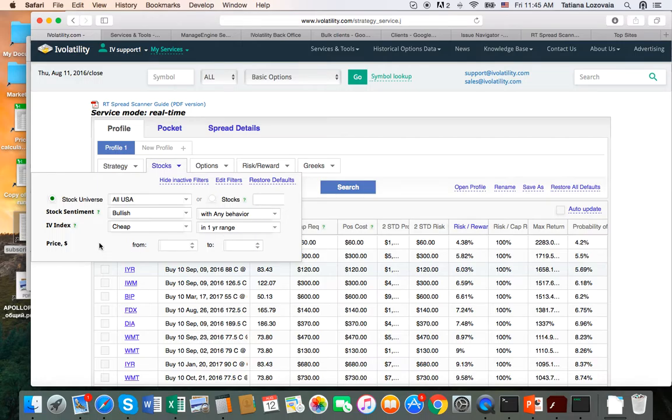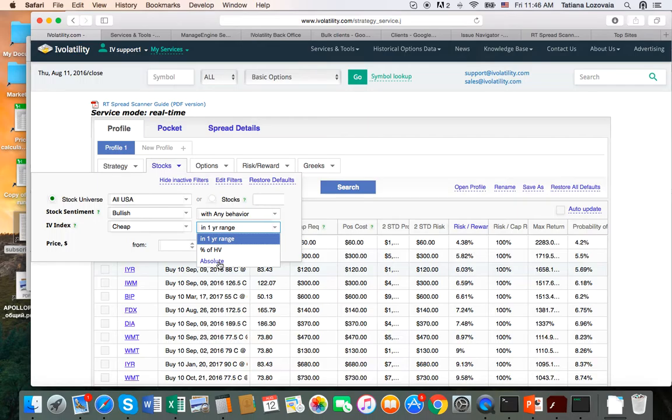As long as we are buying options, we would like to buy cheap options, and cheapness is defined by the implied volatility index level. So it suggests a cheap choice by default, which is good, and we additionally can choose whether it's cheap based on the 1-year range values, relative to historical volatility, or maybe cheap just by absolute value.